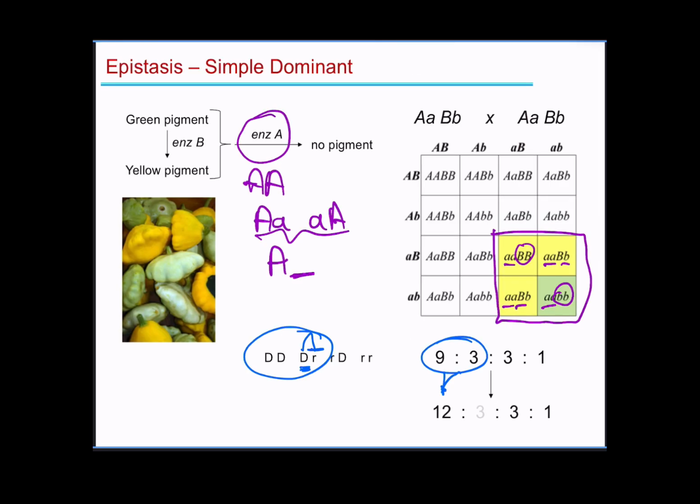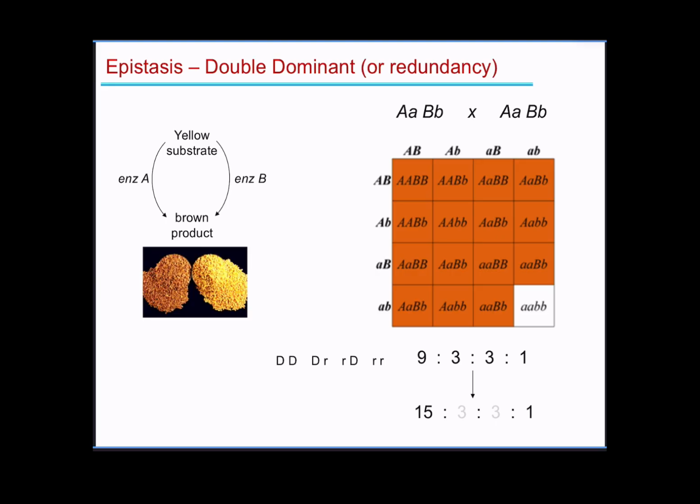And last, double dominant or duplicate dominant. And this one also goes by a very special name that is called genetic redundancy. The idea here is this is very common. This is something that has very high adaptive value, so it happens often throughout evolution.